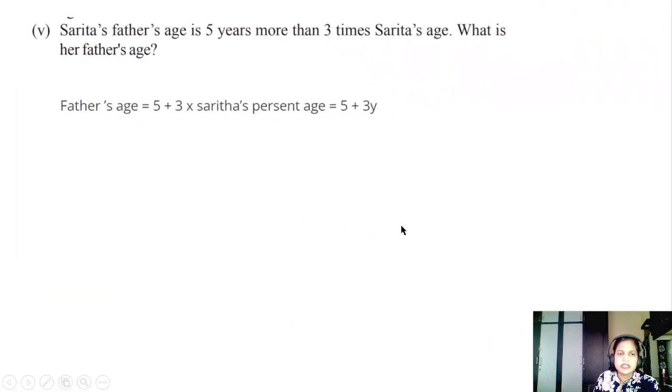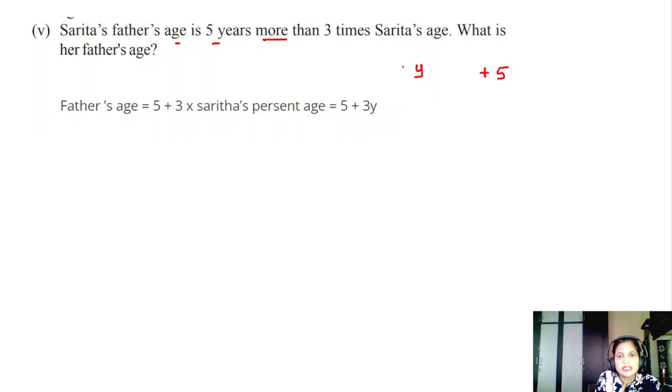Then after that, Sarita's father's age is 5 years more than 3 times Sarita's age. What is her father's age? Sarita's present age is Y years, okay? Wherever this word more comes, you have to add 5 years more than 3 times Sarita's age.